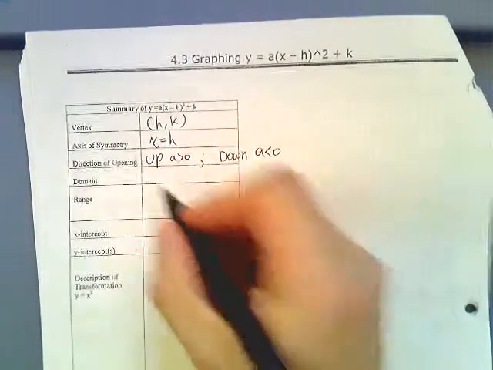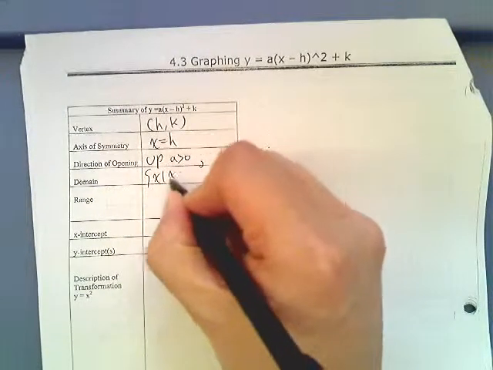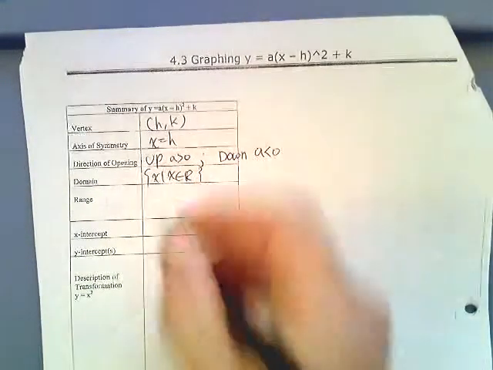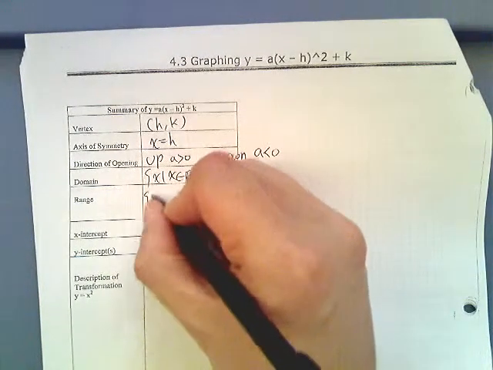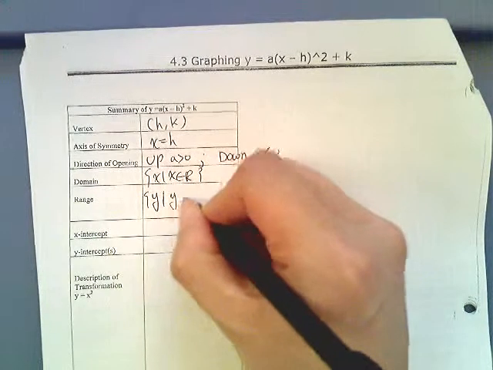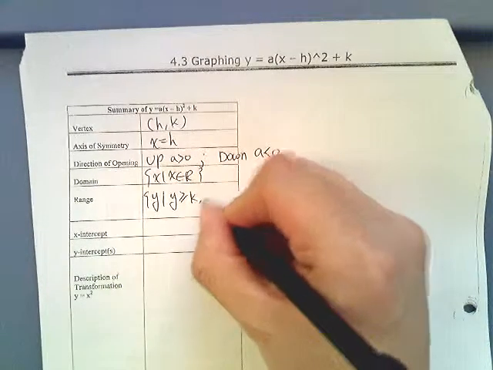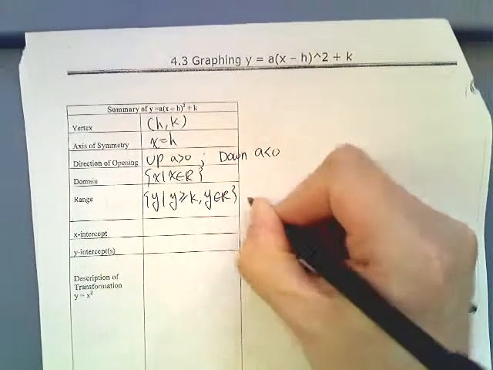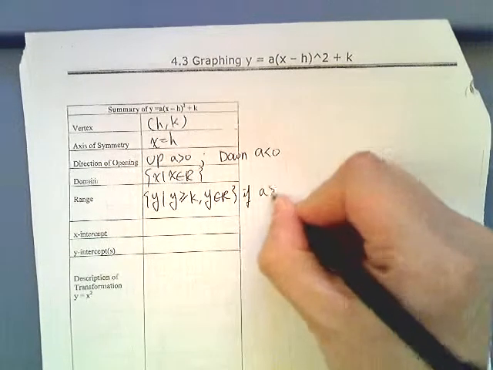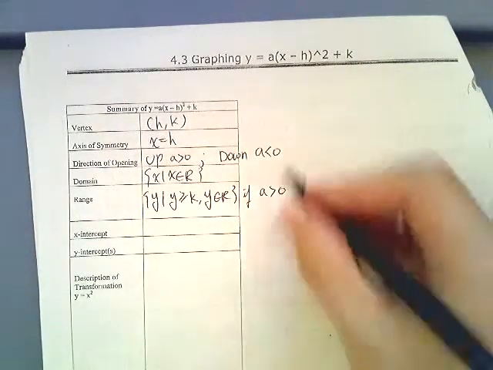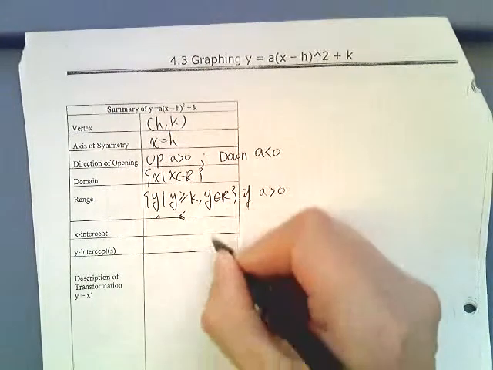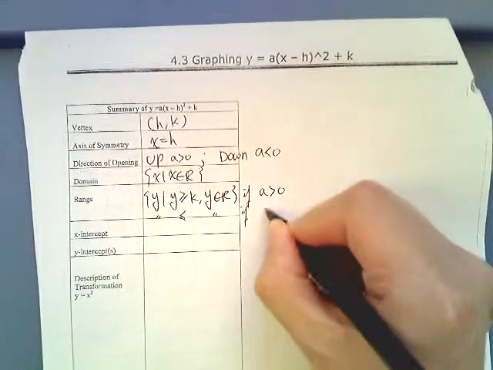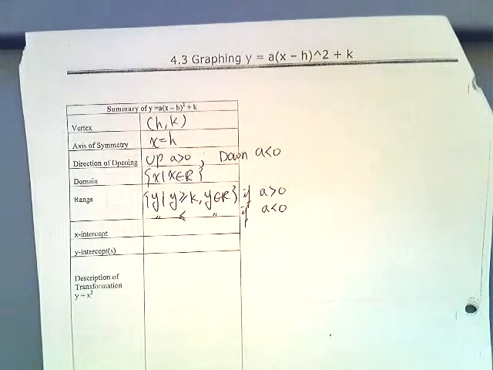Domain is always the same, x such that x is an element of real numbers. Range depends: it can be y such that y is greater than or equal to k if a is greater than 0, or everything the same but less than or equal to if a is less than 0.